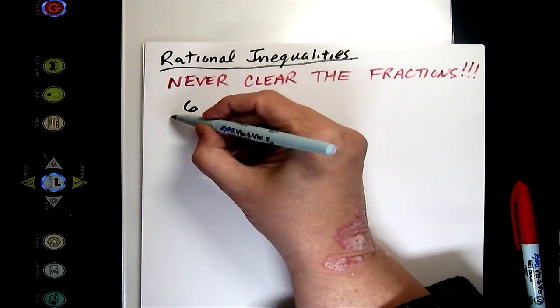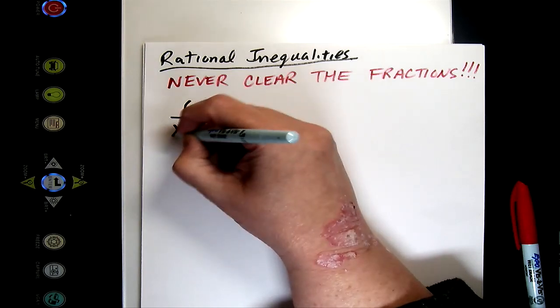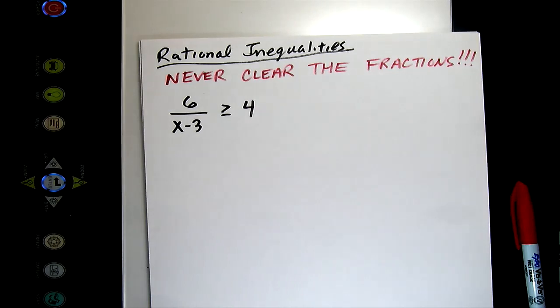If I've got 6 over x minus 3 is greater than or equal to 4. If I can't clear the fractions, what can I do about the fractions? What's the only other thing we ever do with fractions? Get a common denominator. That's exactly what we're going to go for.